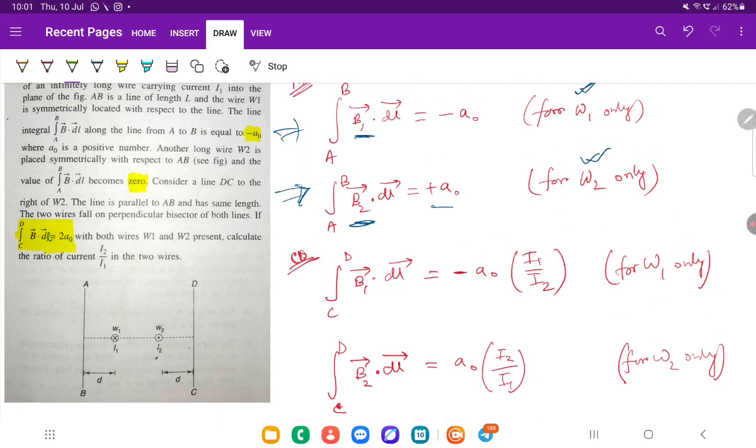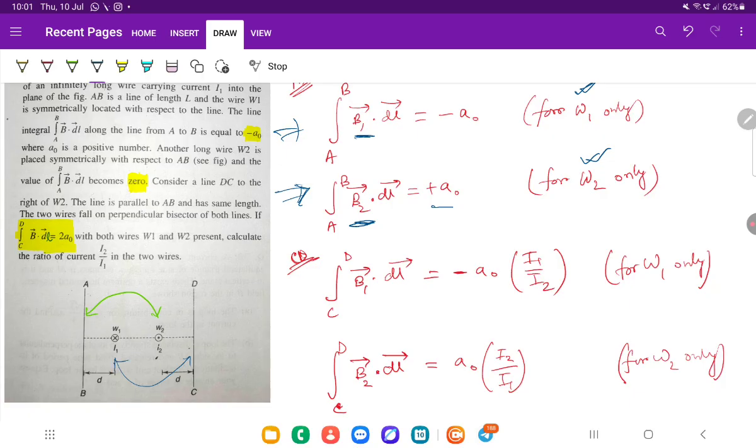So just look at the figure. This is the setup if we think about the AB line and W2 wire only, and forget everything else. Just focus on the AB line and W2 wire. And now look at only the W1 wire and the CD line.